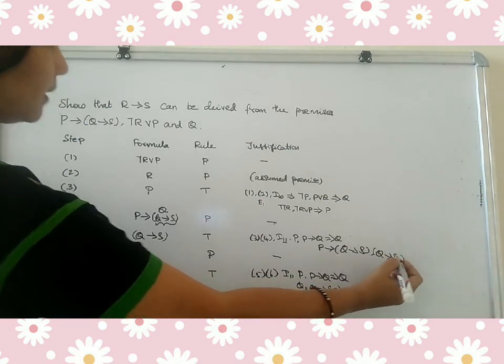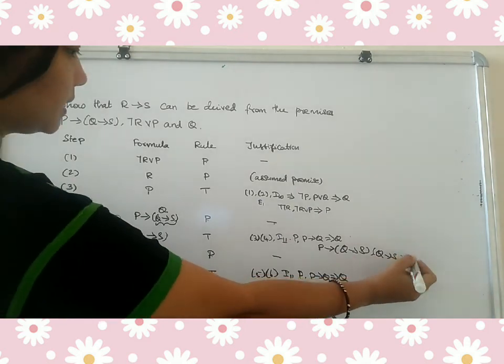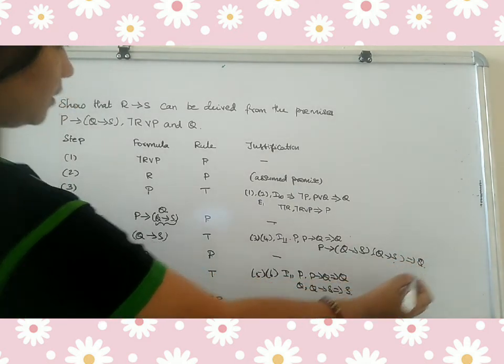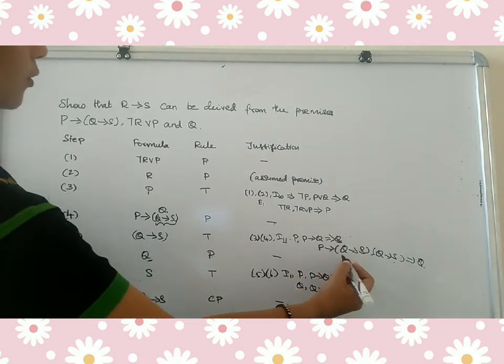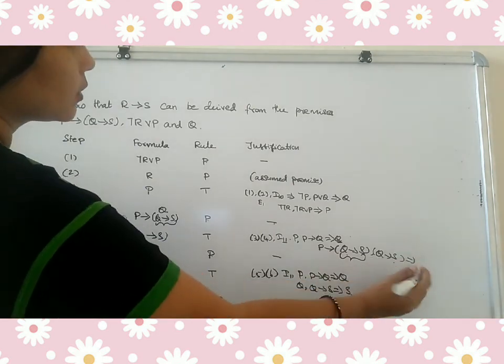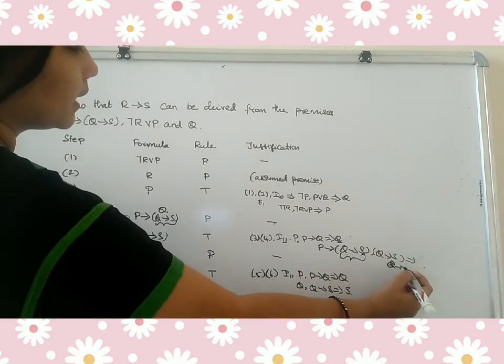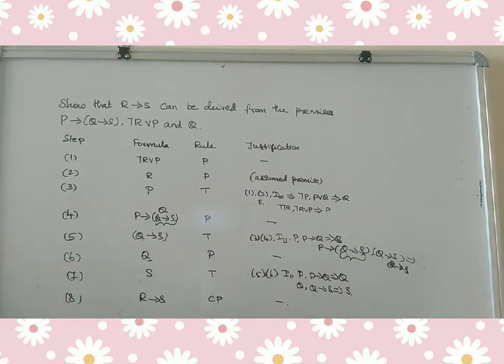So I can write it like this, and I will get it here as Q. Here, I am getting Q, which means Q is Q conditional S. That's why I am going to write it here as Q conditional S.